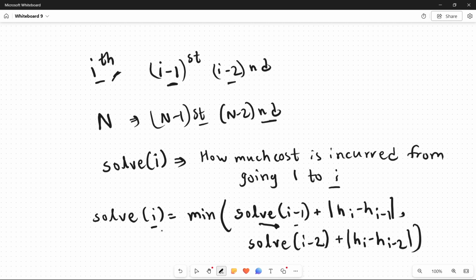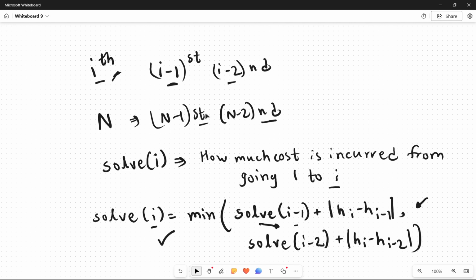So this is the recursive call our function will make, and this is a pretty simple idea. Let us head directly towards the code.